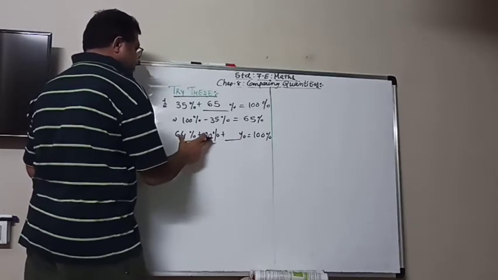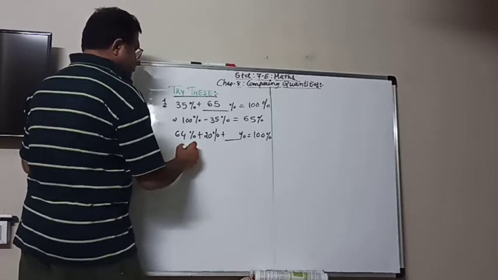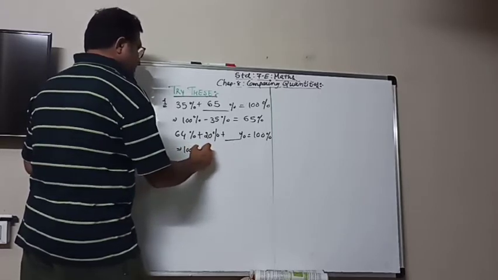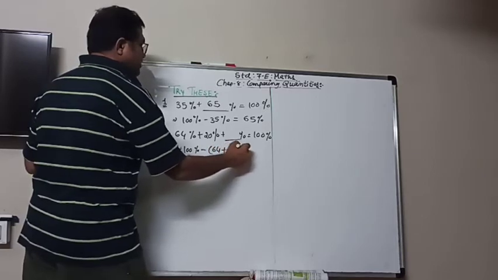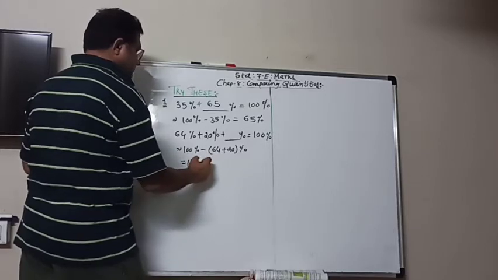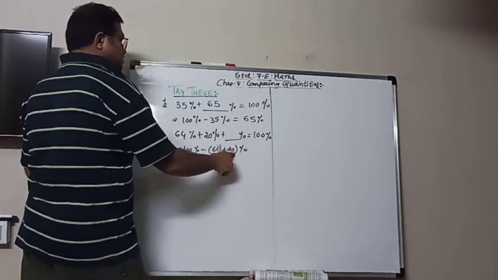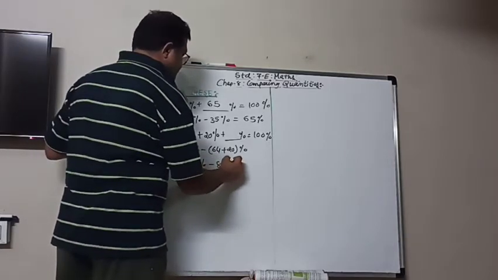So we have to subtract the sum of these two parts from 100. So 100% minus, in brackets, 64 plus 20%. That will be 100% minus 84%, since 64 plus 20 is 84%.